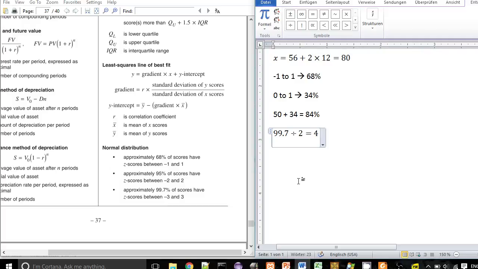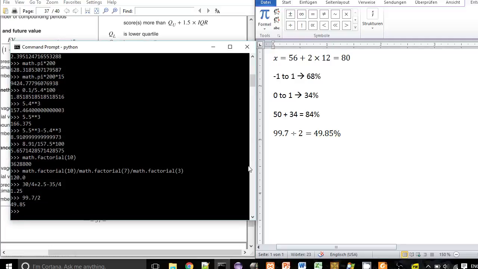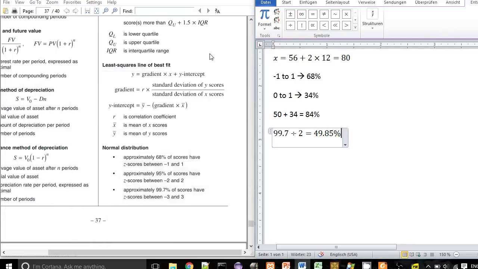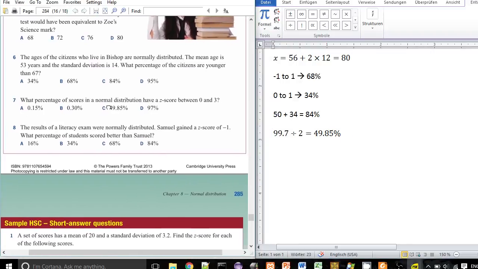Wait, no, I don't think that's right. 0.3. Okay, I'm pretty sure it's that. 49.85%. Okay? I'll just do it on the calculator as well. Cool. So, yeah, that's the answer. Where does it say? Yep, 49.85%.